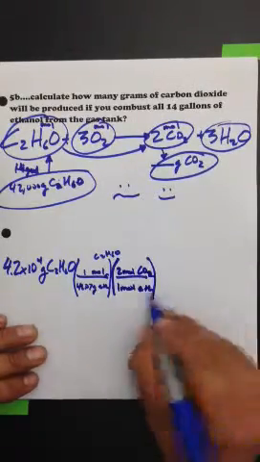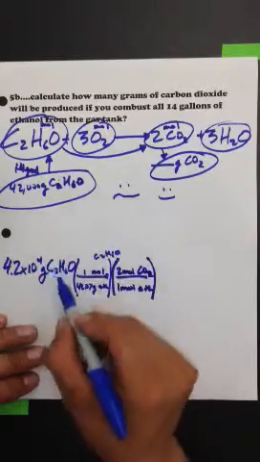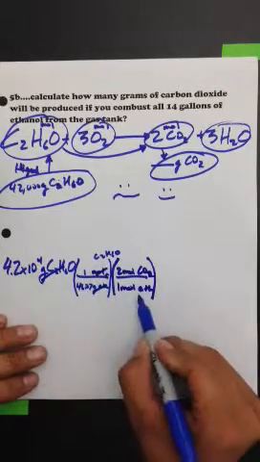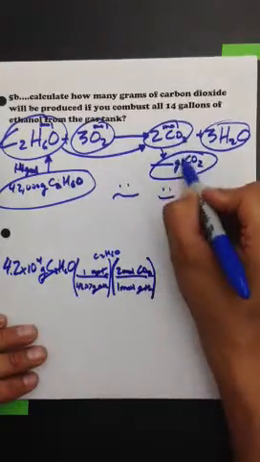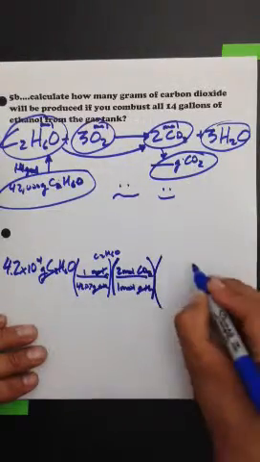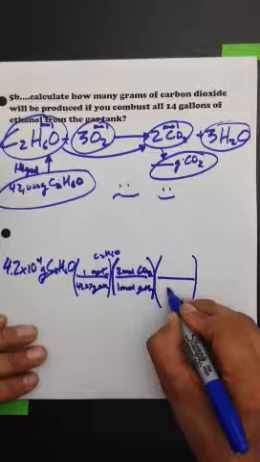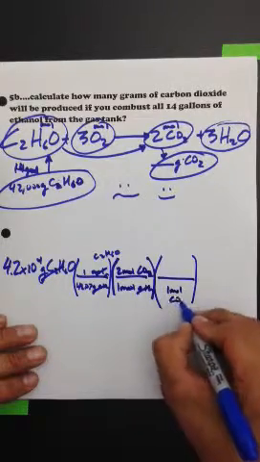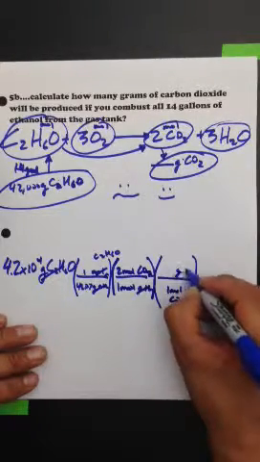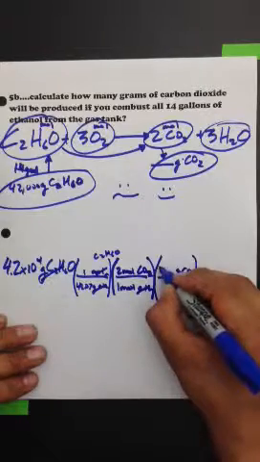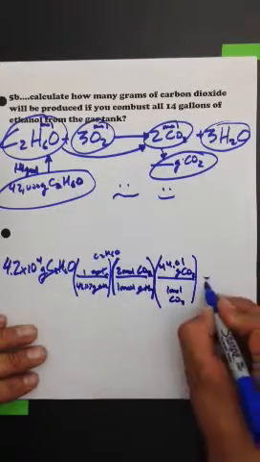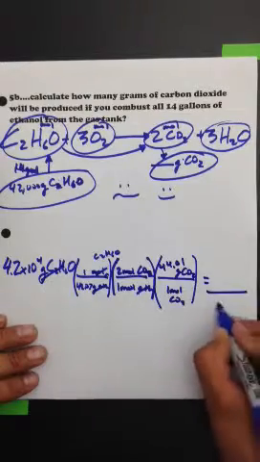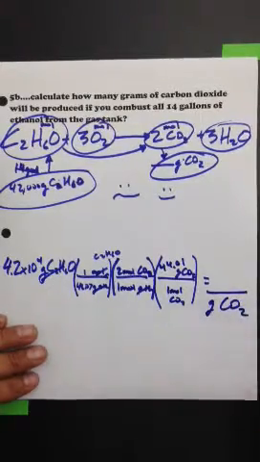Now we've converted from grams of ethanol to moles of ethanol, now to moles of CO2. And all we have to do, we're home free, is convert moles of CO2 to grams of CO2. So 1 mole of CO2 is how many grams? That's one you do so much you might remember it: 44.01.